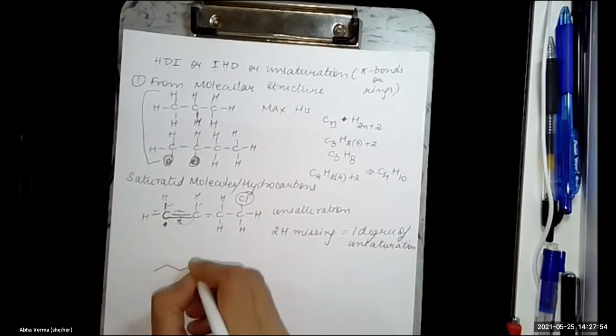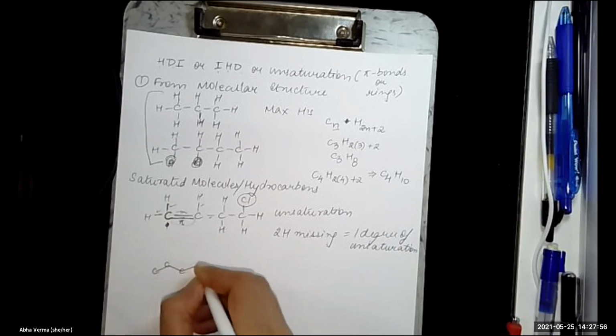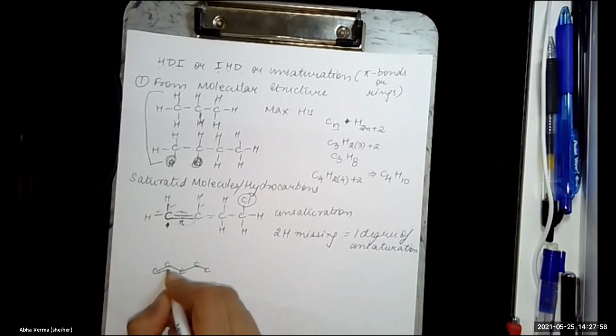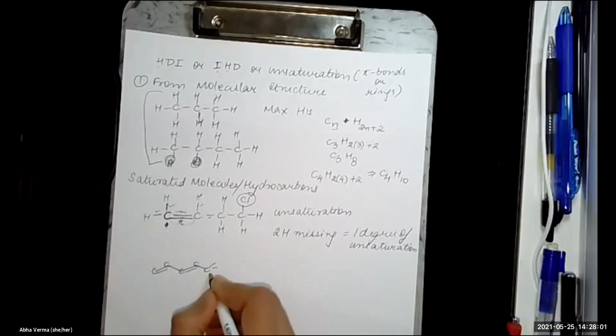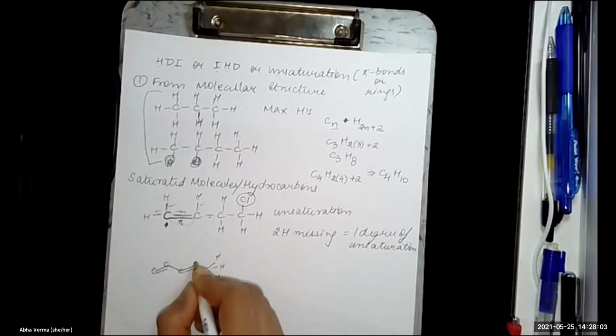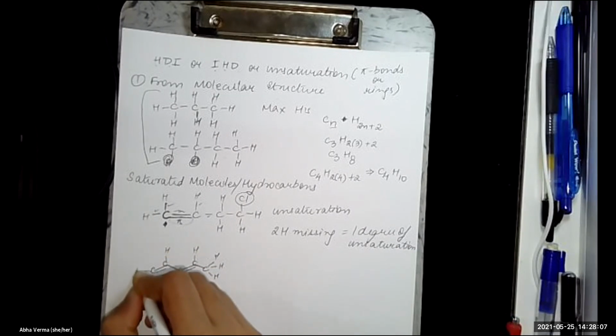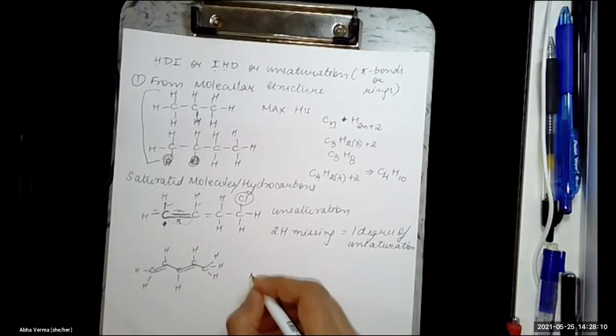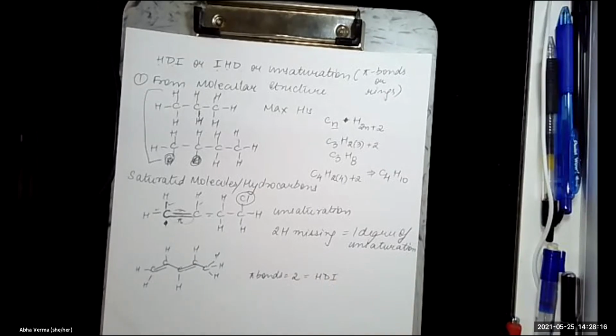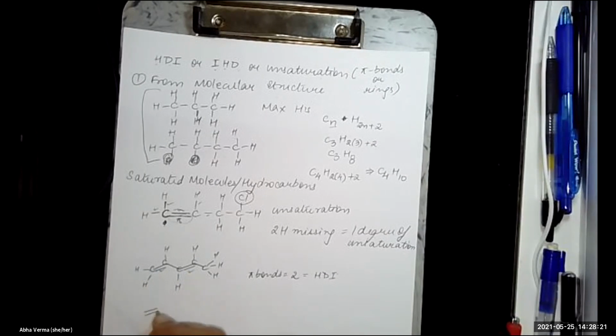If you have a structure, carbon, carbon, carbon, carbon, carbon, and I have 2 pi bonds. Now, how many pi bonds do I have? 2. And that is the degree of unsaturation. 1 pi bond, second pi bond. What about here?